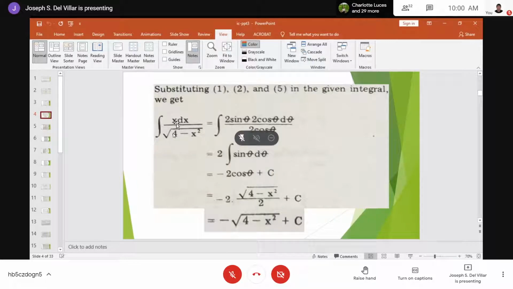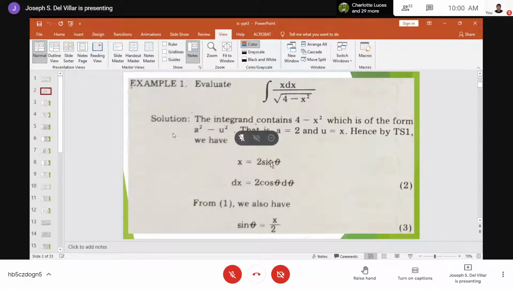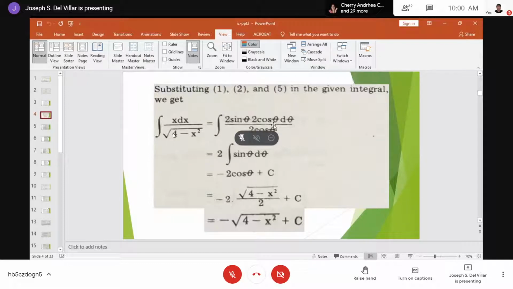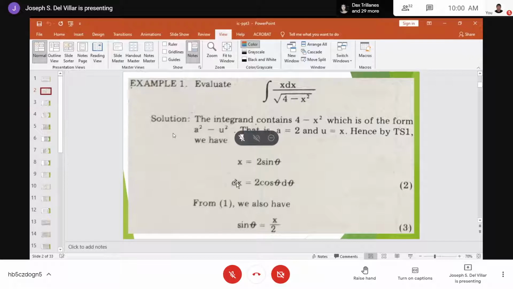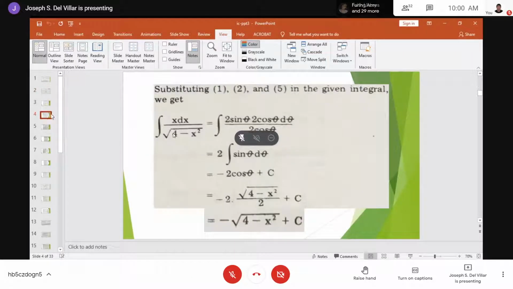Okay, x is 2 sine theta, right? Here, x is equal to 2 sine theta. dx, what is dx? When we take the differential of both sides, this is dx: 2 cosine theta d theta. So substitute this also.